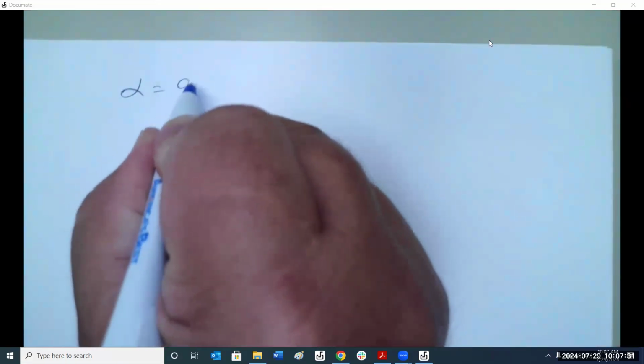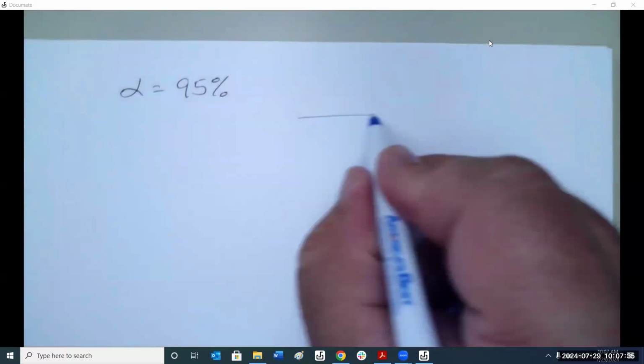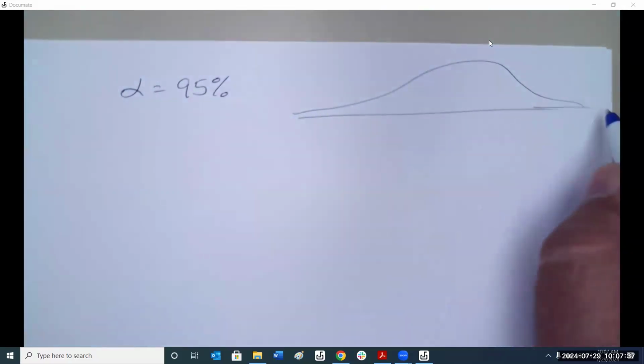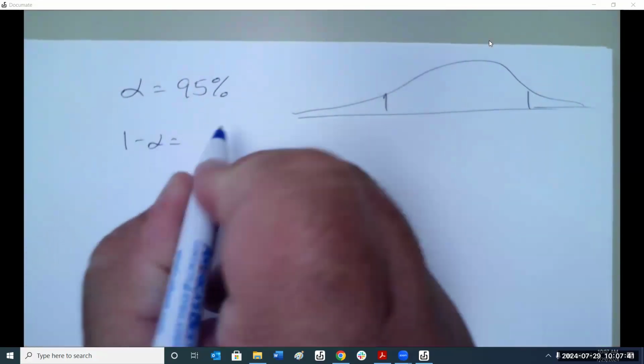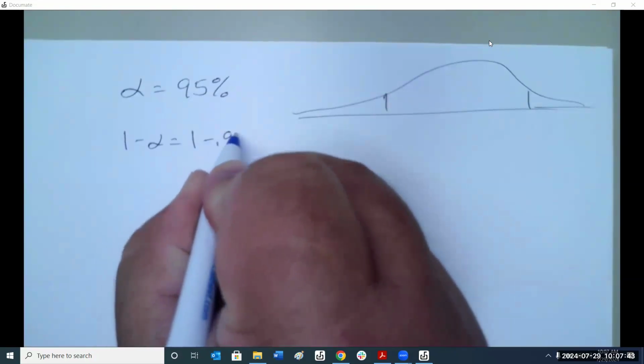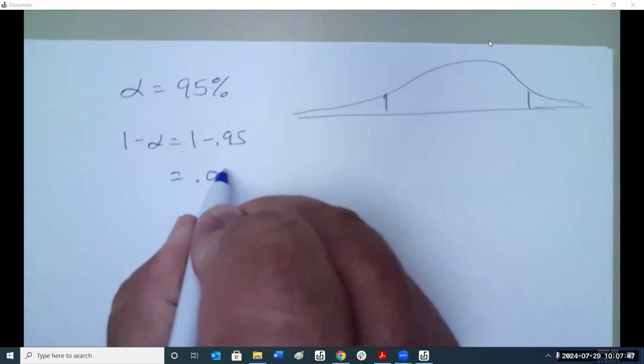What that tells us here is this. So let's say our confidence level, we're 95% confident, and we have a two-tailed test. So 1 minus alpha, 1 minus 0.95 is equal to 0.05.